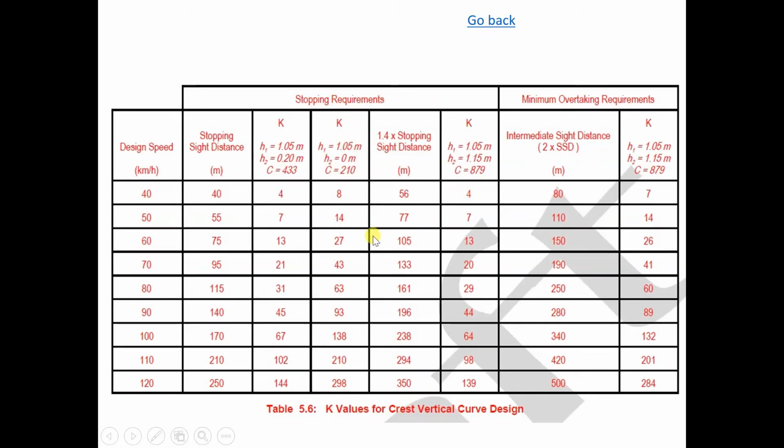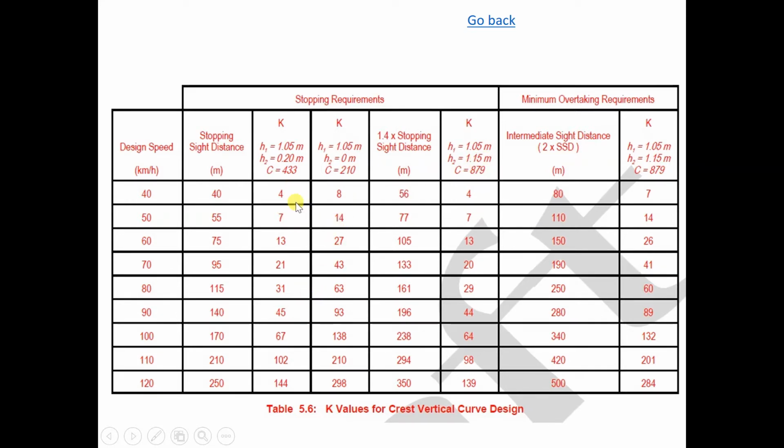They are based on H1 and H2. H1 is the driver's eye height, and H2 is the hazard, or the thing that you spot, whether it's 0.2 meter high, or just on the ground level at 0 meter, or on the other side maybe a driver at almost the same height as you, so it's 1.15 meter.